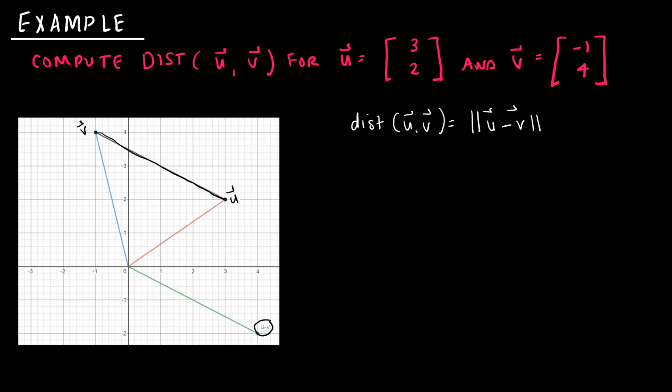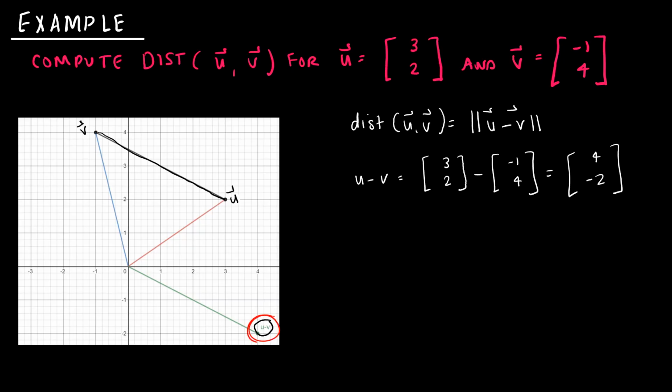All I'm going to do is find u minus v, which is very easy to compute: (3, 2) minus (negative 1, 4) gives me (4, negative 2). That's where this guy came from, (4, negative 2). That's really just u minus v, which we can see visually on our graph, but we can also compute very easily without graphing it.